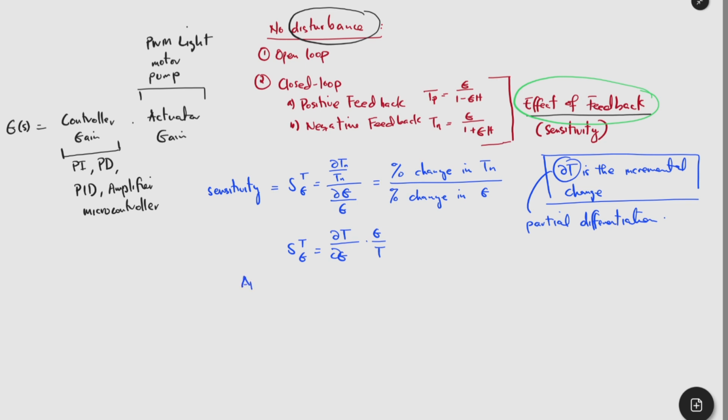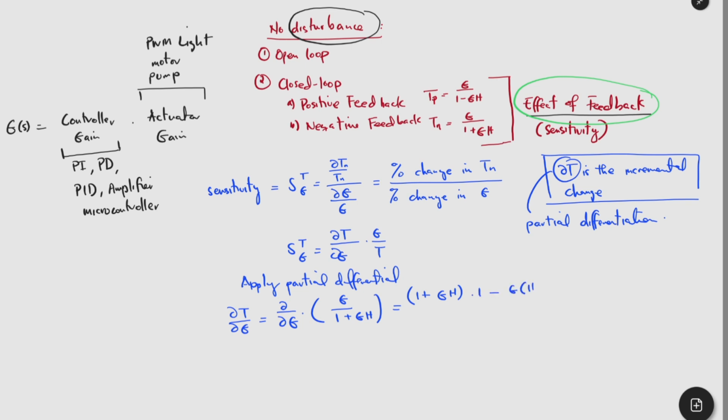And when we apply the partial differential, we have dT/dG equal to d/dG of G over 1 plus G H. So we have (1 plus GH) times 1 minus G H over (1 plus GH) squared.